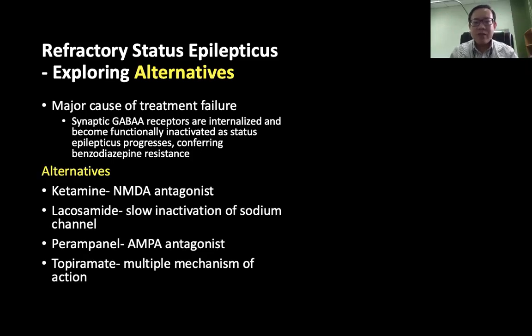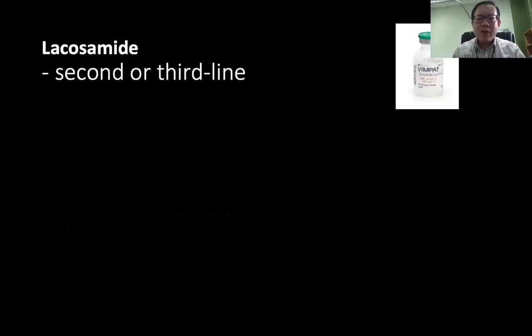These other options look at glutamate. Ketamine acts on glutamate, perampanel acts on glutamate, whereas lacosamide acts on other types of sodium channels, a slow sodium channel, and topiramate also has a lot of action on glutamate receptors. Lacosamide is no longer available in Malaysia because there is no UCB distributor.